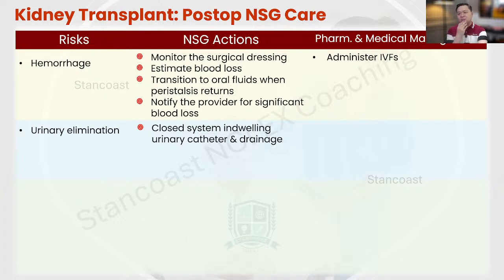Let's say, an assessment, let's say there is presence of clots in the urinary output. This is already concerning, because if there is clotting in the drainage tube, then something is possibly going to happen in the next hour. It can possibly obstruct the outflow, all right?